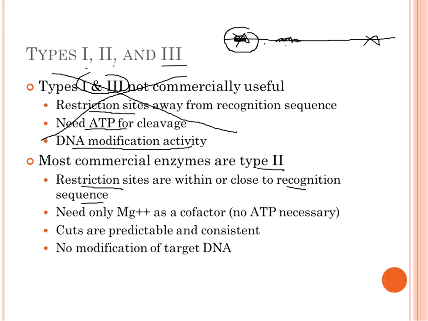The restriction site is the sequence that is actually cut. And the recognition sequence is the sequence of DNA which the enzyme binds to.